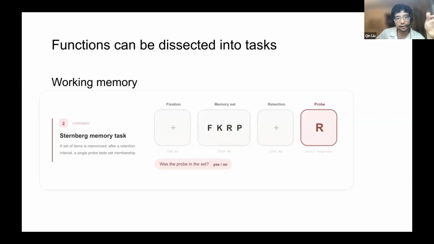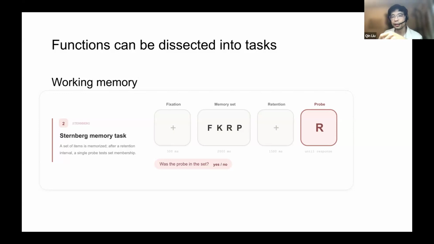And then this is another example, Sternberg's memory task. This is also a working memory task. In this task, at the very beginning, there will be multiple letters or multiple images that need to be remembered by the subject.